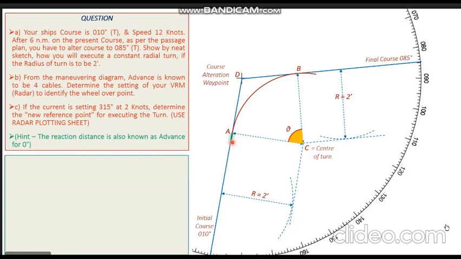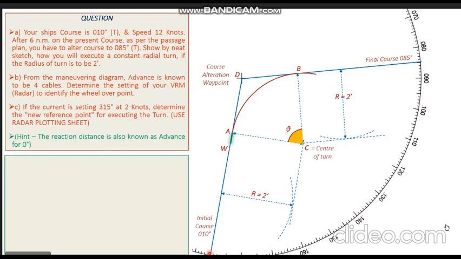You can see this 0.4 nautical mile distance coming up on the plot as a green color line, and the point where this 0.4 distance ends, I name that point as W. So this point W has to be my wheel over point.